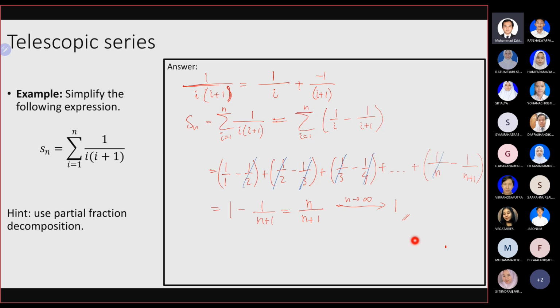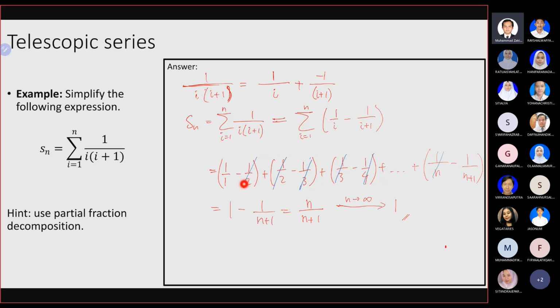Di sini kita punya deret yang kita sebut sebagai deret teleskopis. Deret teleskopis itu ciri khasnya adalah seperti ini. Kita bisa tuliskan bentuknya: sesuatu dikurangi sesuatu, bilangan per sesuatu dikurangi sesuatu per sesuatu. Di deret teleskopis ini biasanya kita bisa melakukan eliminasi, jadi term yang tengah-tengah itu bisa kita coret.